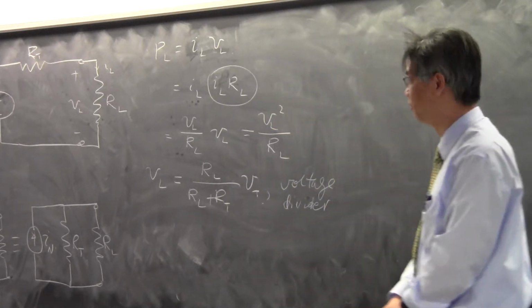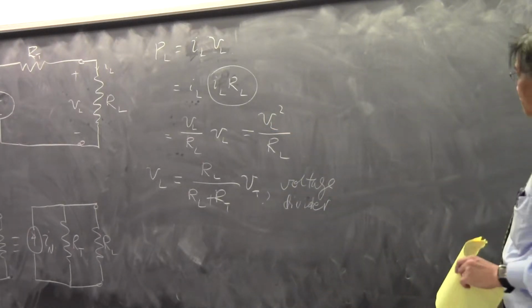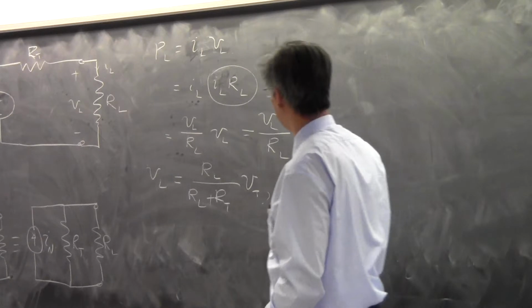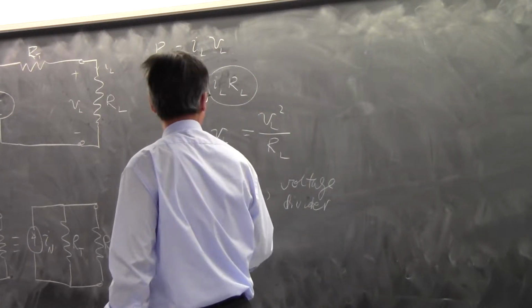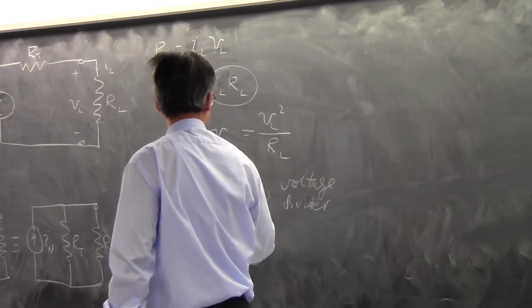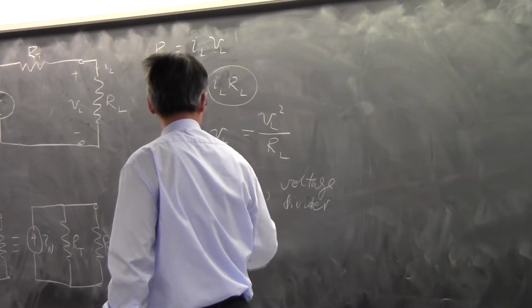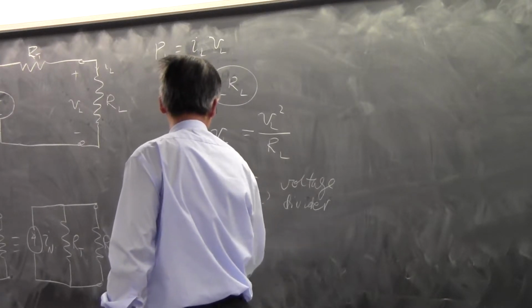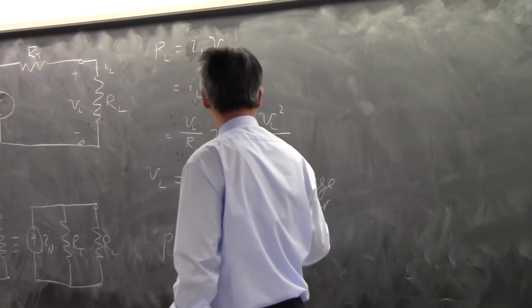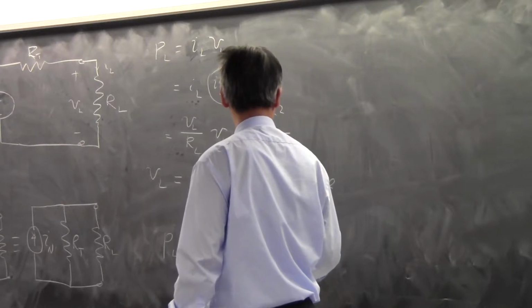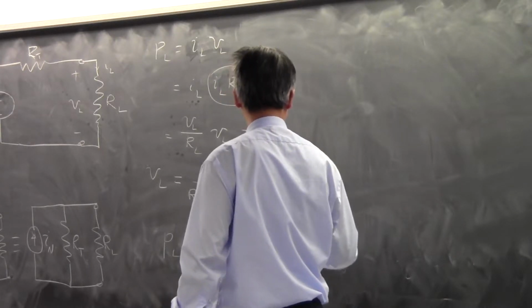Okay, so then I figure out that P load, if I were to change R load alone, would be R load over R load plus R Thevenin squared, times 1 over R load times V Thevenin.